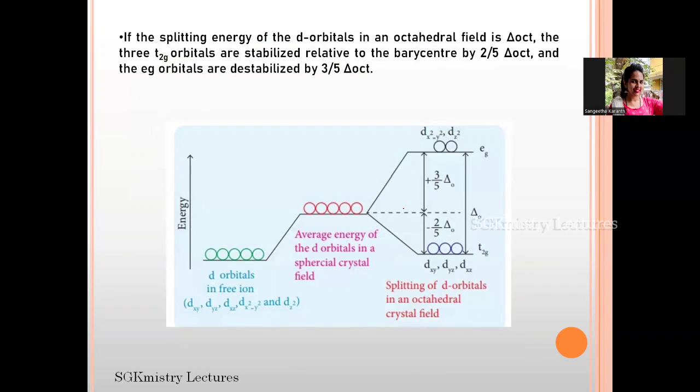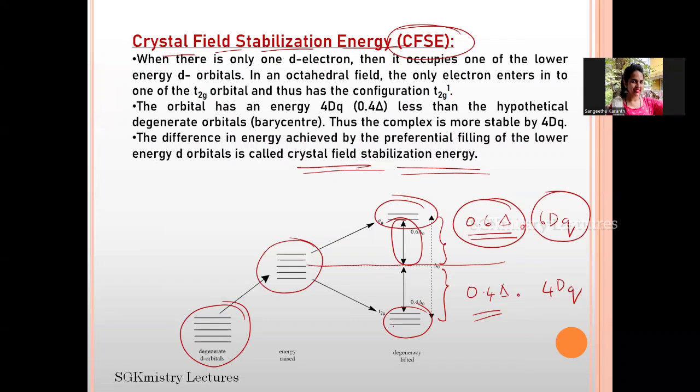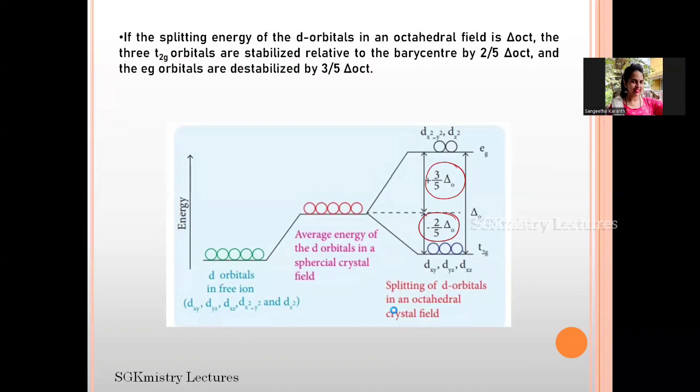It can also be represented in the form of ratios: the two orbitals increase in energy by 3/5 delta O, and the three orbitals decrease in energy by 2/5 delta O. So these are the different ways of representing it: 0.6 and 0.4, 6Dq or 4Dq, or 3/5 delta O or 2/5 delta O.